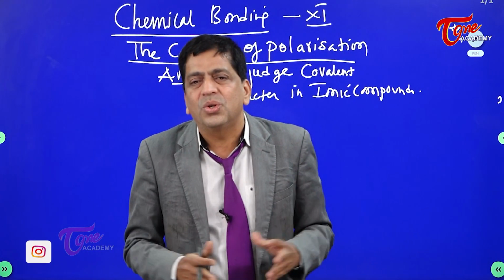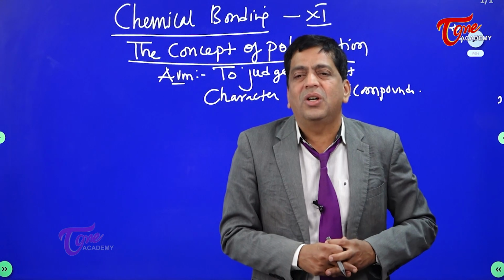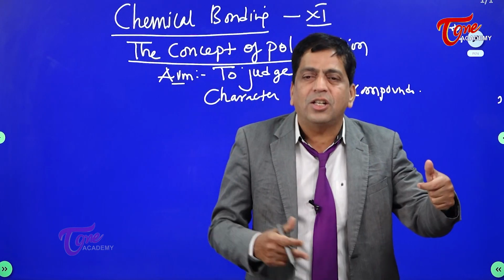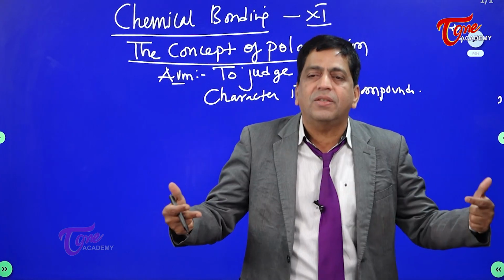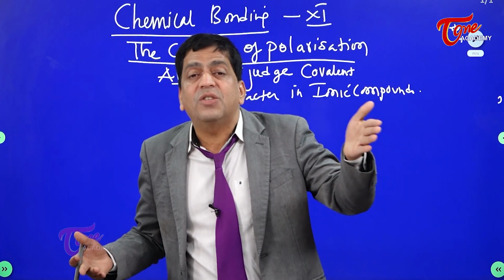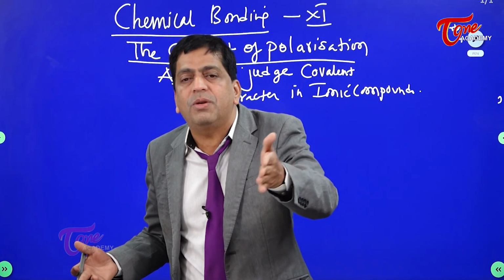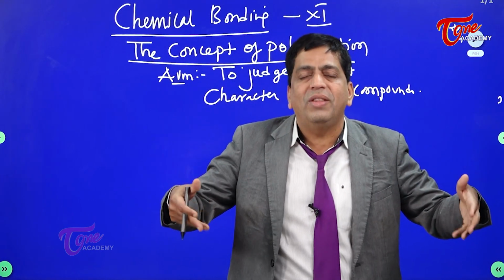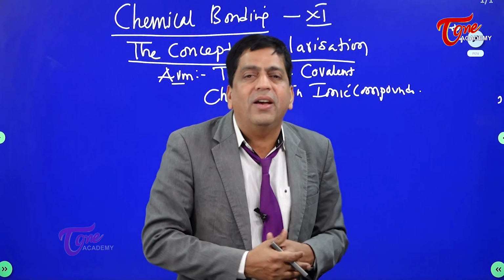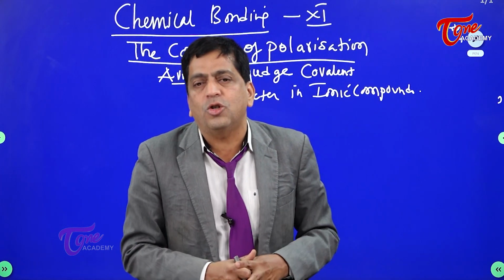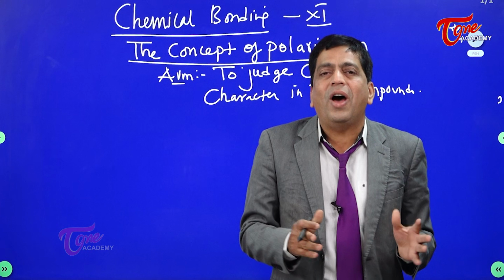There is complete transfer of electrons, whether it's 1 or 2, from a metal atom to a non-metal atom, not partial transfer, resulting in a cation and an anion. Then there exists an electrostatic force of attraction, thereby we call this an electrovalent bond.